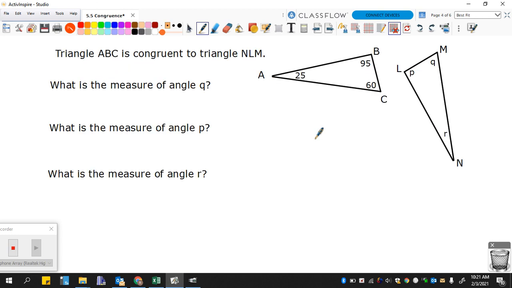Triangle ABC is congruent to triangle NLM. It says, what is the measure of angle Q?